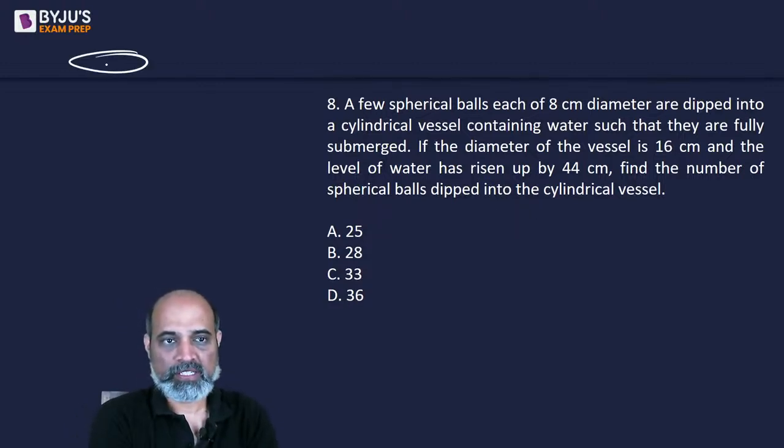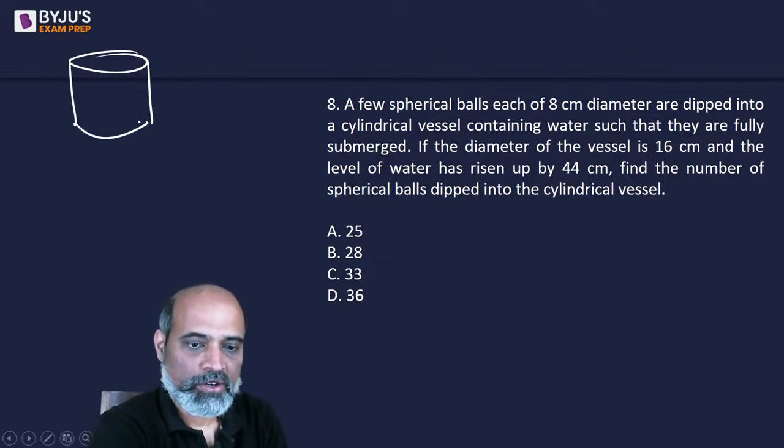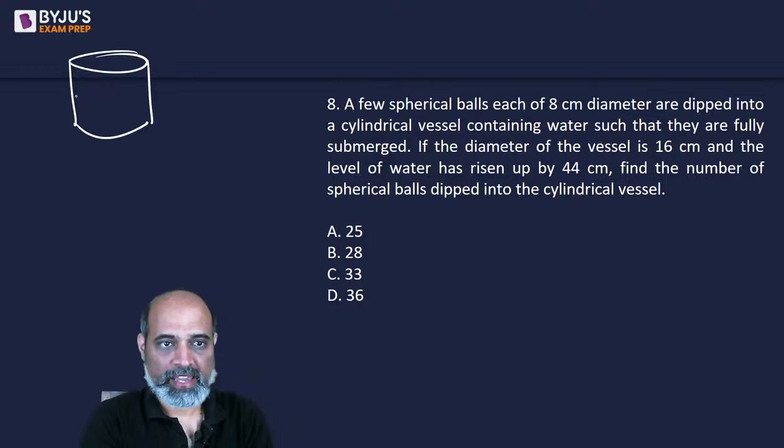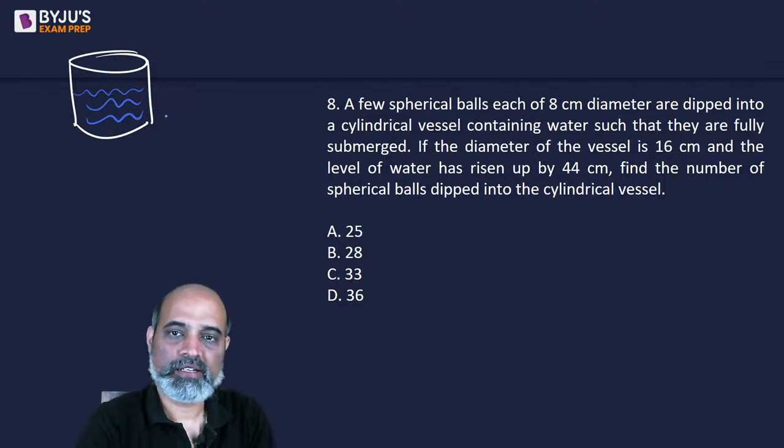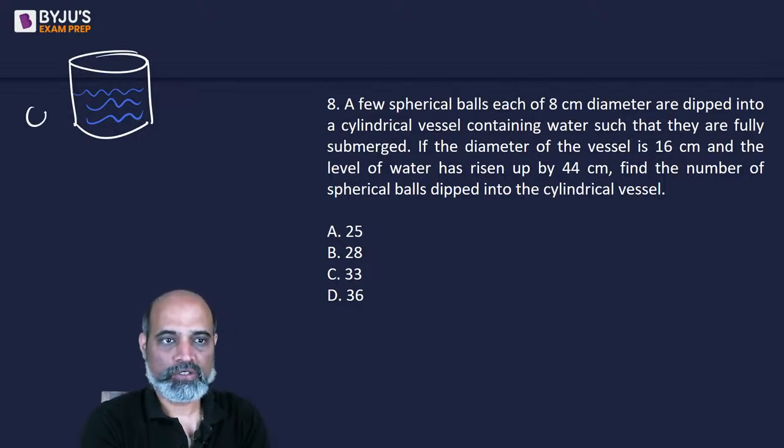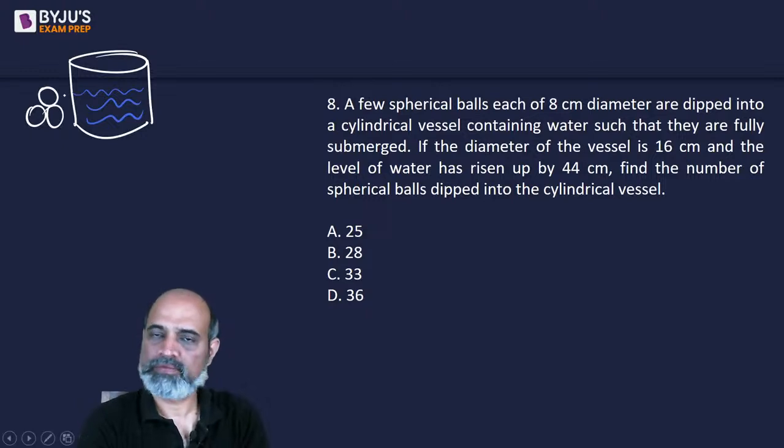So what happens is, suppose this is the cylindrical vessel, ठीक है, और here water is up to here, okay, and we have the spherical balls बाहर है.